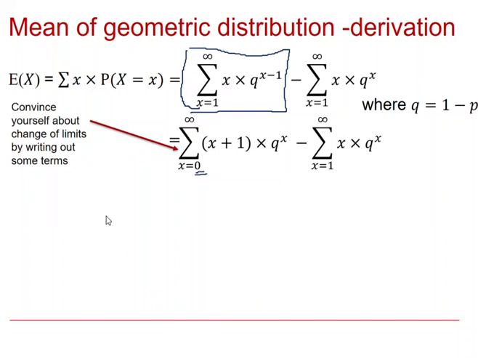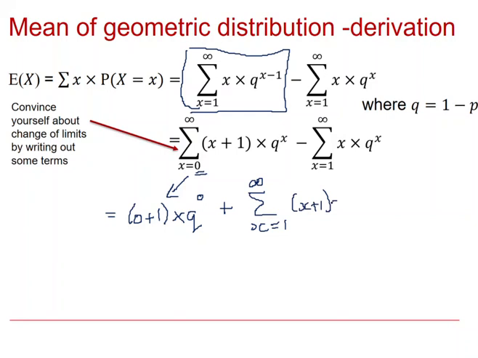And if we have a look at the first summation here, when x equals 0, the first term there would be 0 plus 1 multiplied by q to the 0, and then we would have the rest of the terms in that summation, which would go from x is 1, the next term, up to infinity, of x plus 1 multiplied by q to the x, and we still have the second part of the expression, which is the summation of x multiplied by q to the power x.